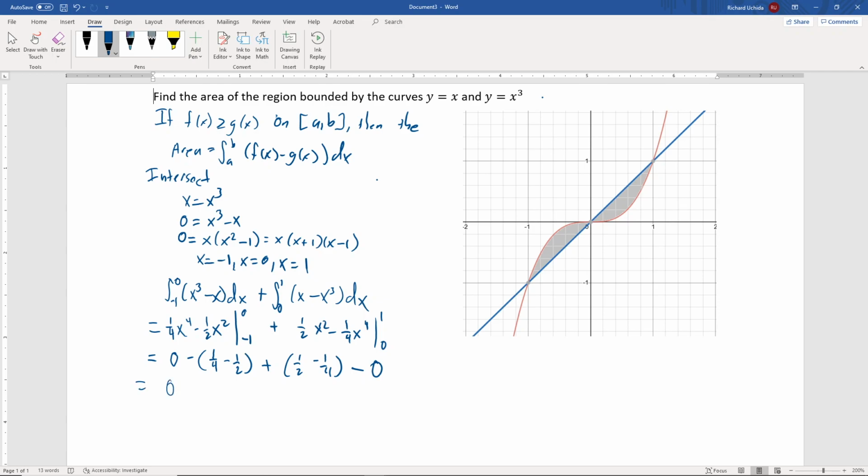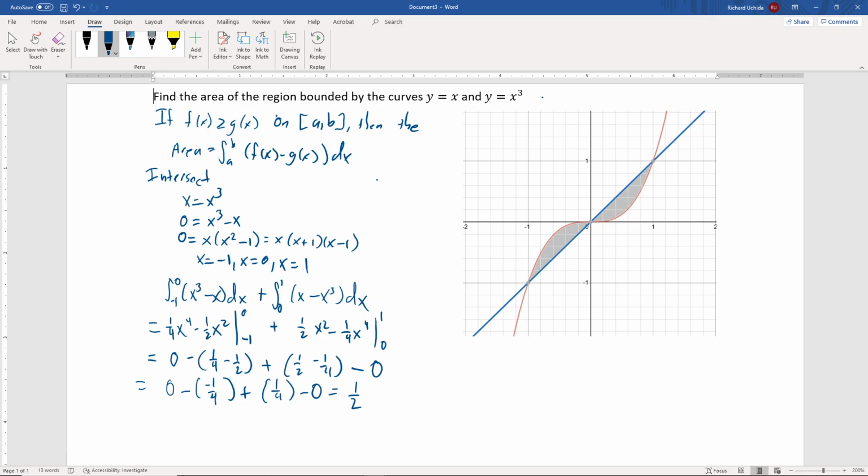So that would be 0 minus, now 1/4 minus 1/2 is negative 1/4, and then plus 1/2 minus 1/4, which is 1/4, minus 0. So negative negative is positive 1/4 plus 1/4, that would be 2/4, which is 1/2. So that would be the area of the region bounded by the two curves.